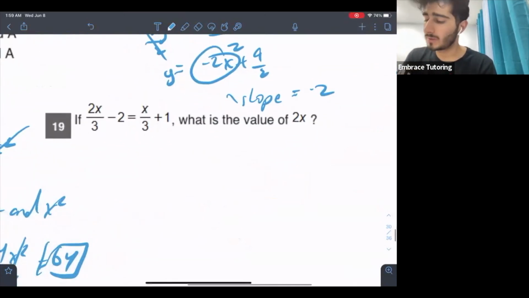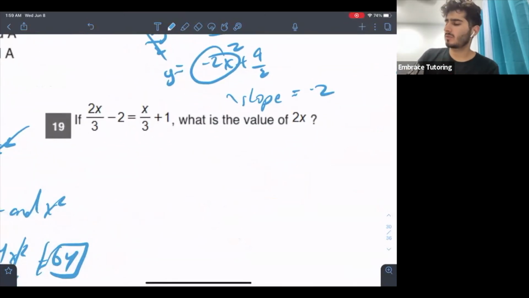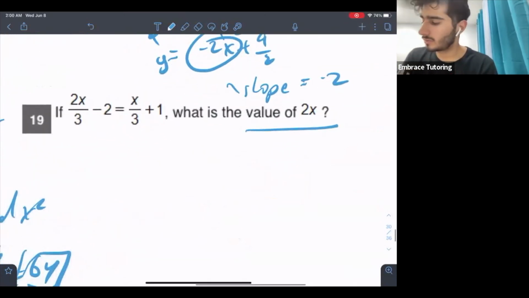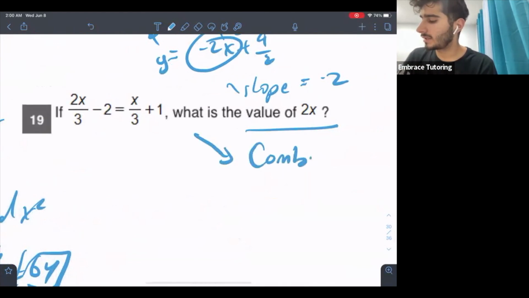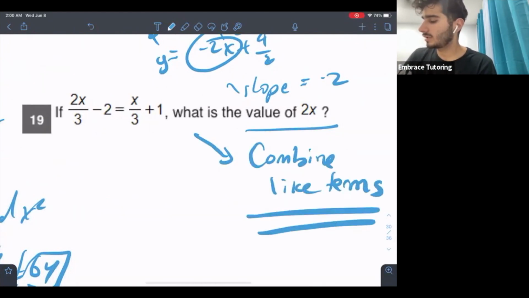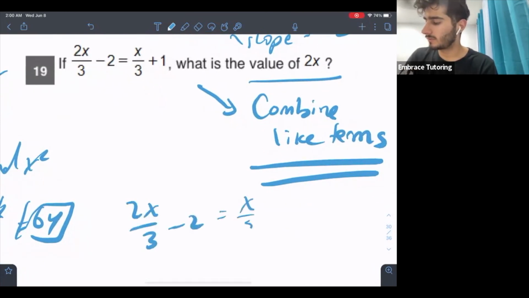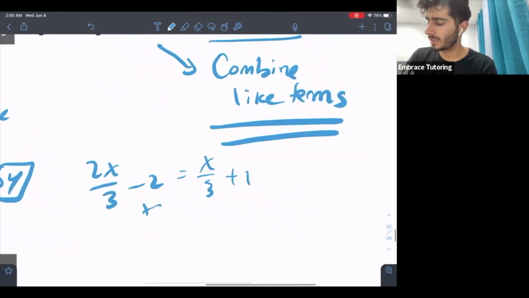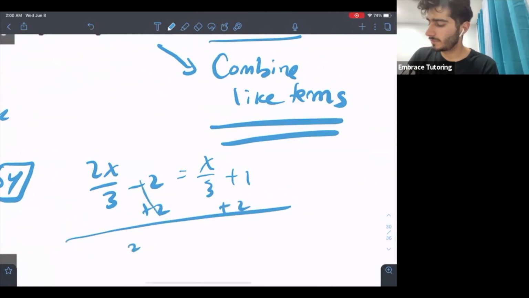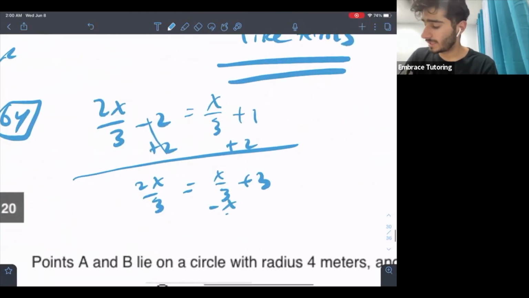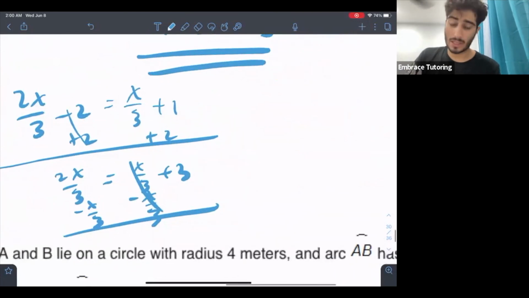Question 19. If 2x over 3 minus 2 is equal to x over 3 plus 1, what is the value of 2x? So this would be combining like terms. So what you would do is 2x over 3 minus 2 is equal to x over 3 plus 1. Combine like terms, add plus 2 on both sides. 2x over 3 is equal to x over 3 plus 3, minus the x over 3, because then you would have the same denominator.